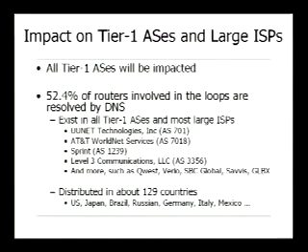To understand how many Tier 1s and large ISPs will be impacted by persistent forwarding loops, we look at the routers in the loops and use the DNS name to resolve them. We found that all Tier 1s will be impacted.